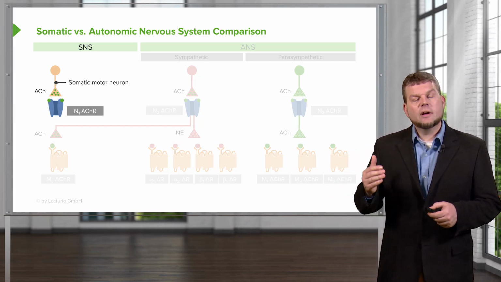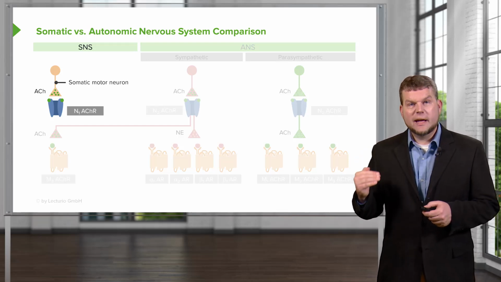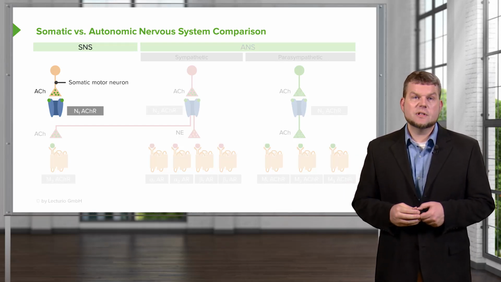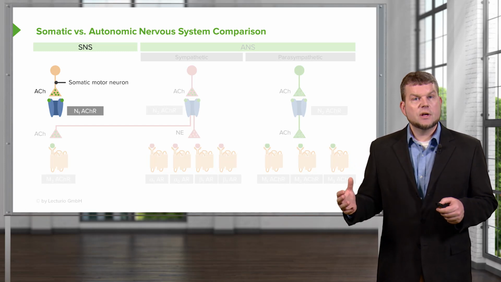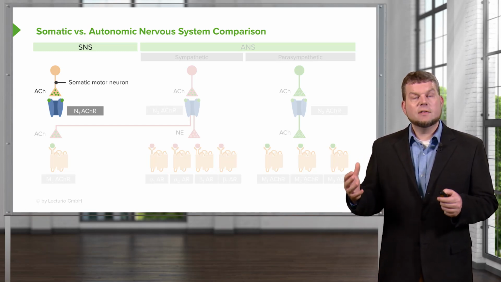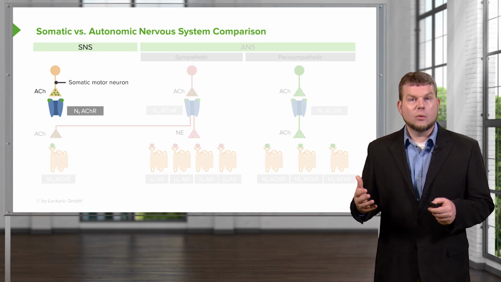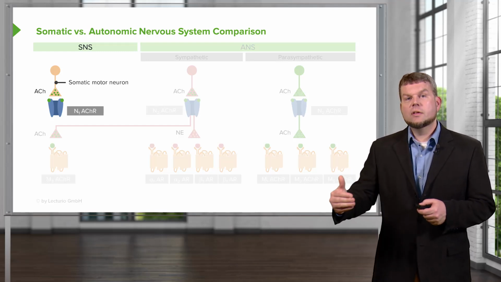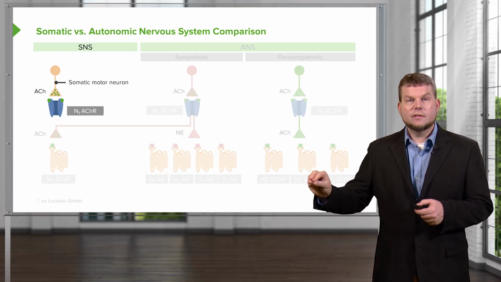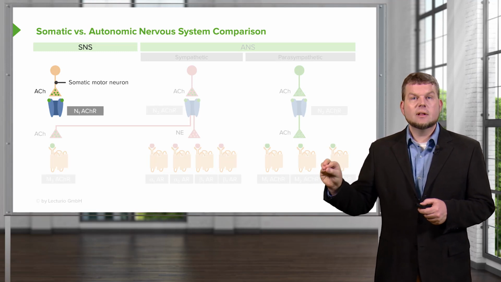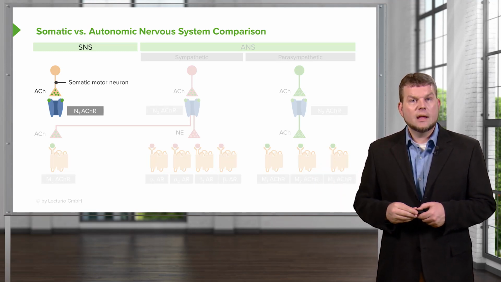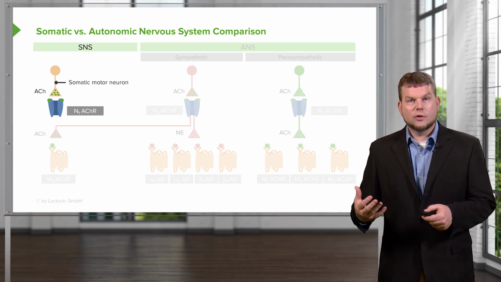If we go back to our example where we're going to compare things to the somatic motor system, let's look at that first. So normally here again we have the soma or cell body in the spinal cord. The nerve will go the length until it innervates a few muscle fibers. It releases acetylcholine. It is a cholinergic nerve.